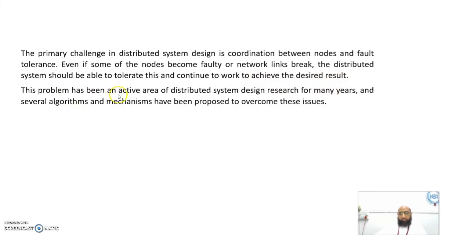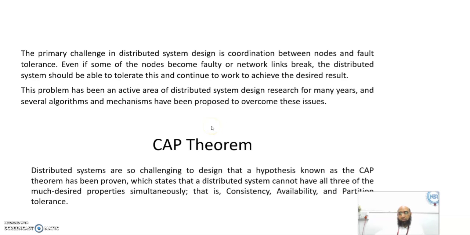This problem has been an active area of distributed system research. It means how we are going to solve the problem. For many years, researchers have been working on this problem, and we have got several algorithms and mechanisms that have been proposed to overcome these issues. So there is one theorem, usually we call it the CAP theorem.